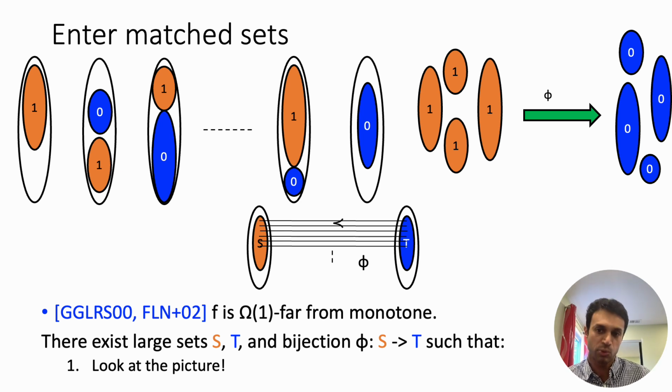They were contained in levels. In this case, they're not necessarily contained in levels, so they could be spread out. But between S and T, you have this matching according to phi, which is an ordered matching. So for every little s, it's matched to a little t, such that little s is less than little t according to the partial order.